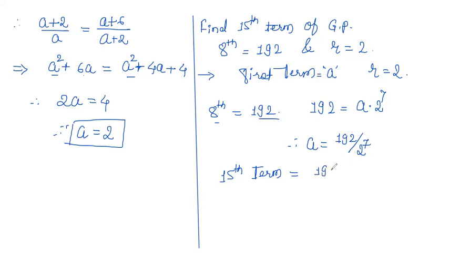So 192 divided by 2 raised to 7 into r, that is 2 raised to 14. आता 192 into 14 मधनं 7 गेले तर किती राहतात इथं? 14 मधनं 7 गेले, 7 into 2 raised to 7. आता याचं मल्टिप्लिकेशन करा दोन्हीचं. काय येतं बघा.